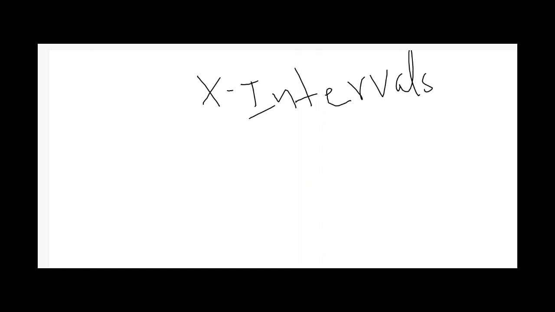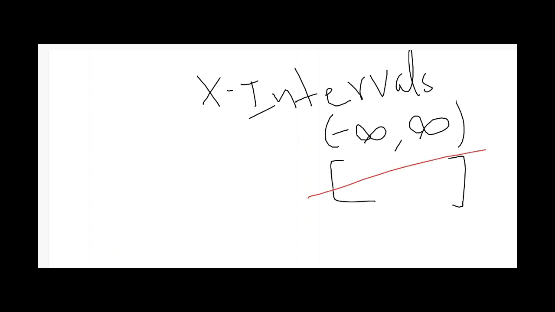You just want to keep it to where you're just saying an x interval. For example, an interval would be like negative infinity to infinity, right? And then you always use open intervals. Never use brackets unless it's included. So we want to stay away from using these.